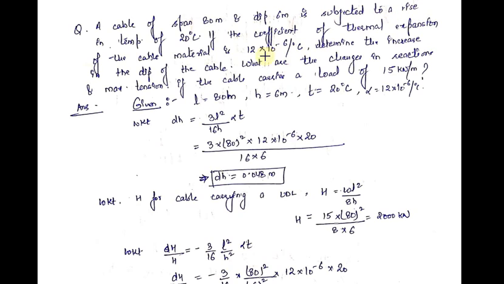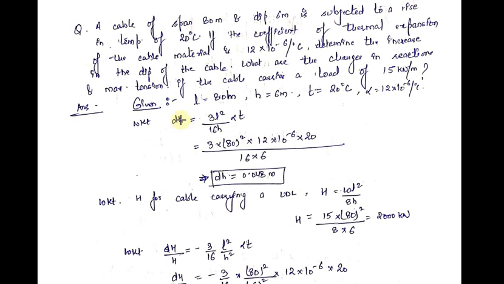The cable is subjected to a rise in temperature. So in the question it is given that there is an increase in temperature, and the rise in temperature is 20 degrees Celsius. So the value of T is 20 degrees Celsius and the coefficient of thermal expansion is 12 into 10 to the power minus 6 per degree centigrade. Now in the first part we have to determine the increase in the depth of the cable.